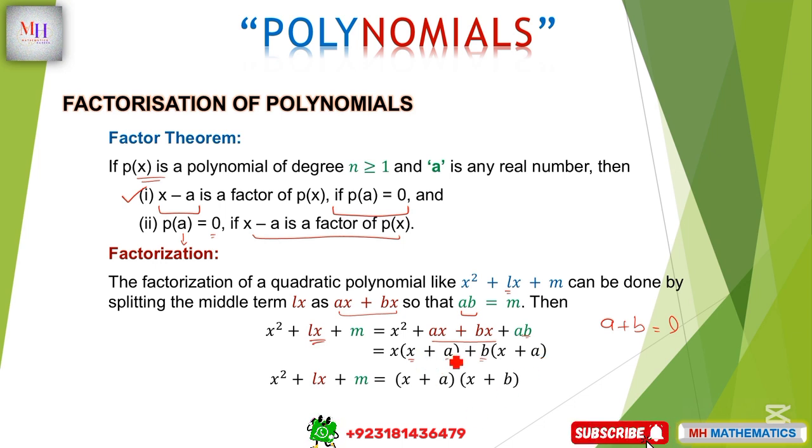Now we have x plus a in this term and x plus a in this term, so take x plus a common from these two terms. So we get x plus a, and here we get x plus b. So we have the final answer: x square plus lx plus m is equal to x plus a into x plus b. So we can write this polynomial like this by factorization.